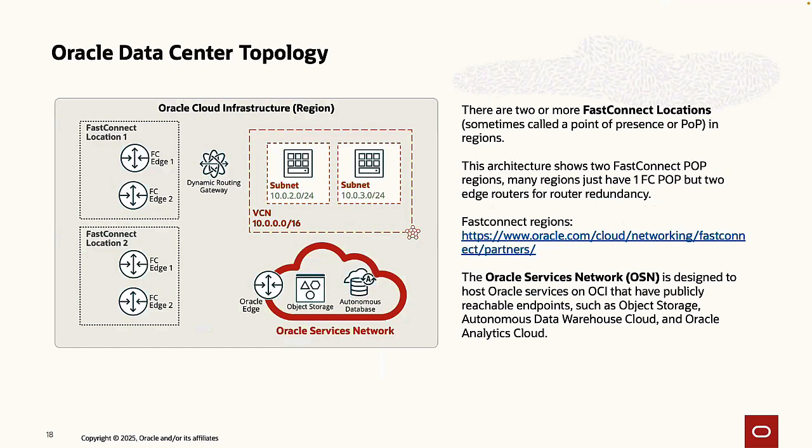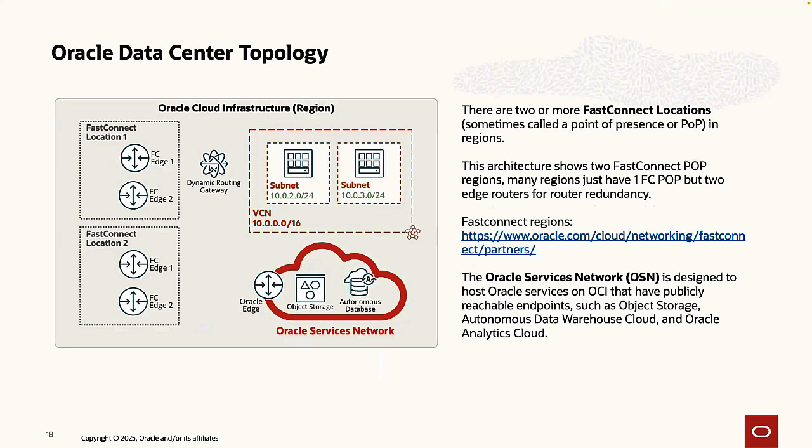So this is the OCI data center topology for FastConnect. There are 2 or more FastConnect locations, sometimes called points of presence or POP, and also formally called FastConnect data center. Each region has 1 or 2 physical entry locations. The FastConnect POP location is the entry point into the OCI region. The POP location is where the customer will establish connectivity to.